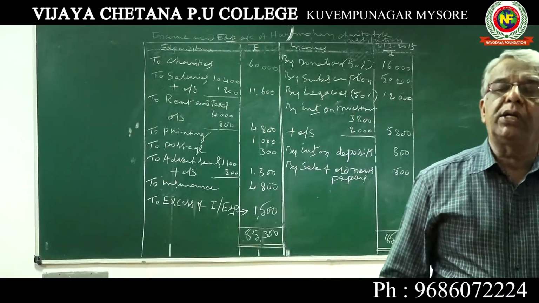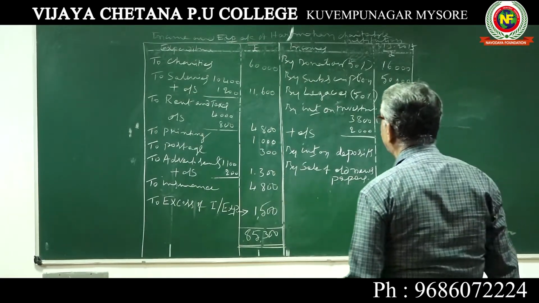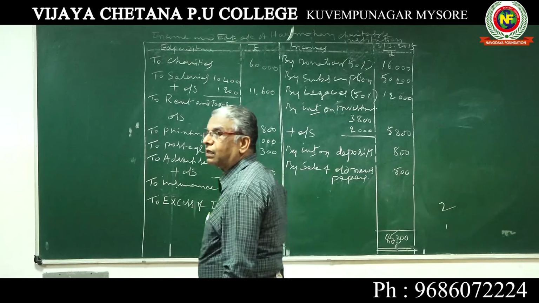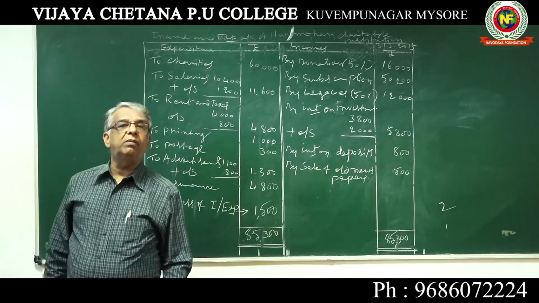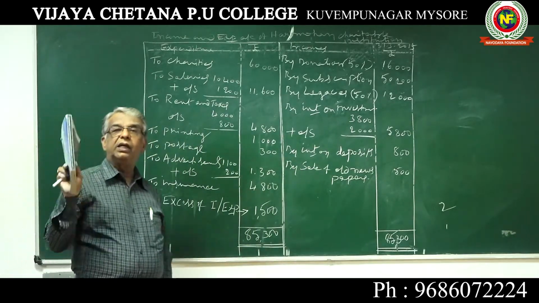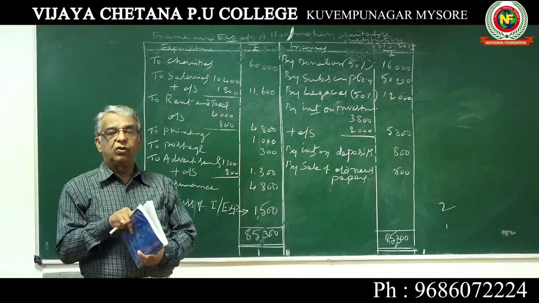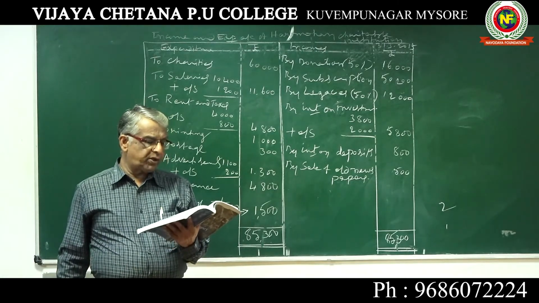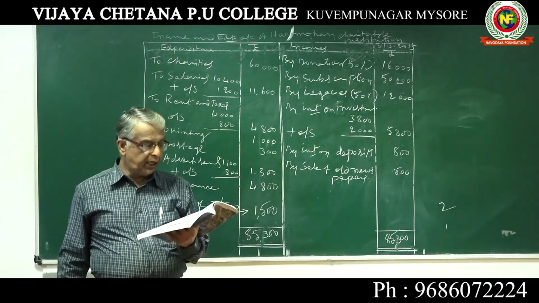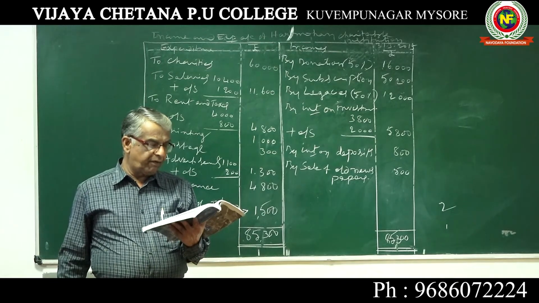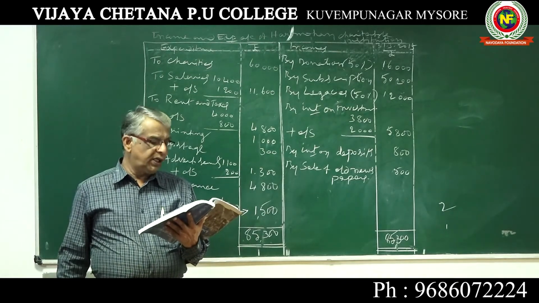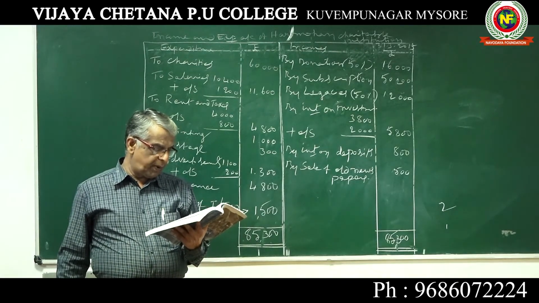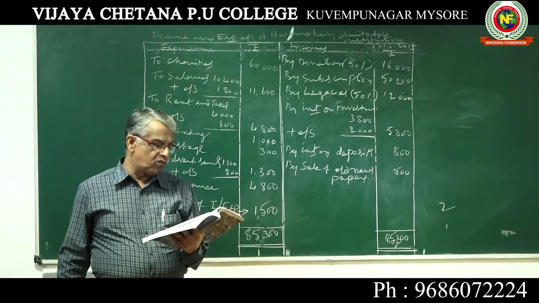Now, I would like to take up another problem, exercise number 3, numerical problem number 3 in this textbook. I hope that all of you have this problem number 3 with you. It is somewhat different, and with this we have to prepare an income and expenditure account.